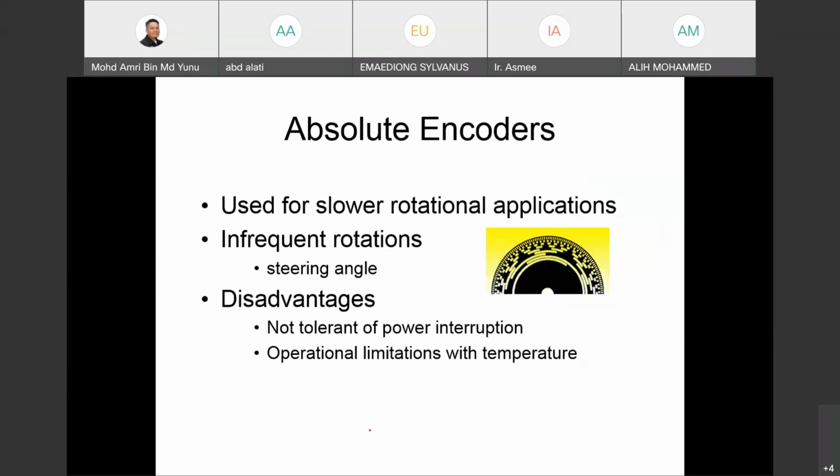I mean, like a driver, when you use it to detect the movement of the steering of a car. So usually the movement is infrequent, or it's not happening rapidly or at a high velocity.